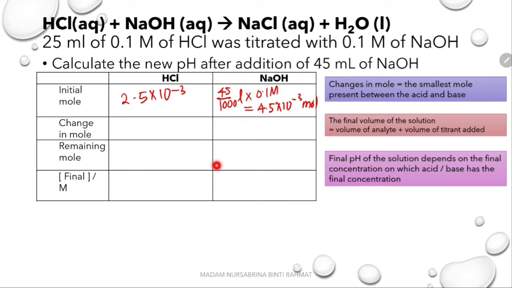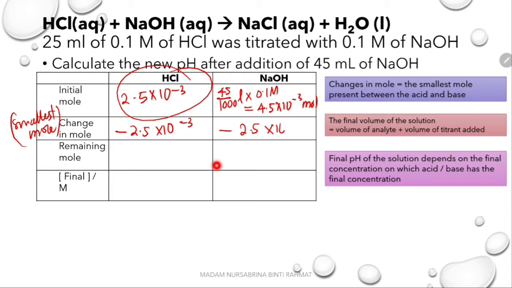Okay, so the change in moles is the smallest mole. The smallest mole in this example is our HCl, so negative 2.5 times 10 to the power of negative 3 for each. The remaining mole for hydrochloric acid is 0, as it is completely used, whereas for my NaOH it is 2.0 times 10 to the power of negative 3.